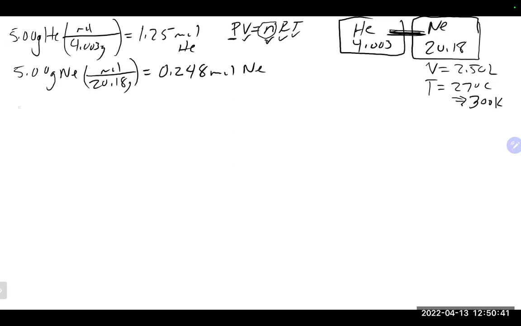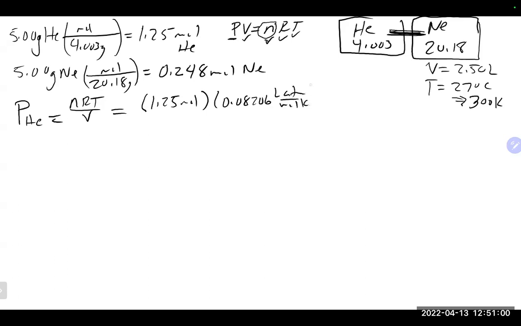So we're going to first solve for the pressure here of the helium, which would be nRT divided by V, and putting in our numbers for helium, which is 1.25 moles, our R, which is our constant, our temperature converted to Kelvin, which is 300, all divided by our volume, which was 2.5 liters.